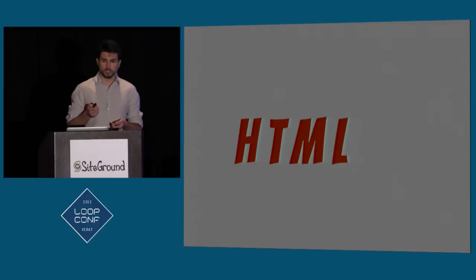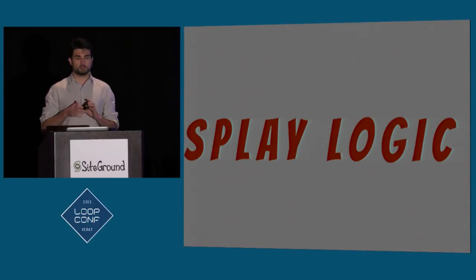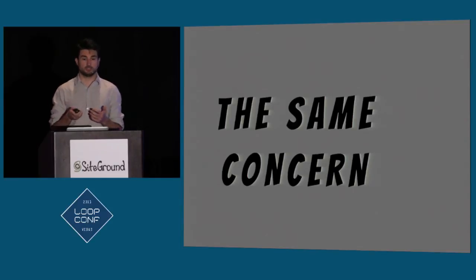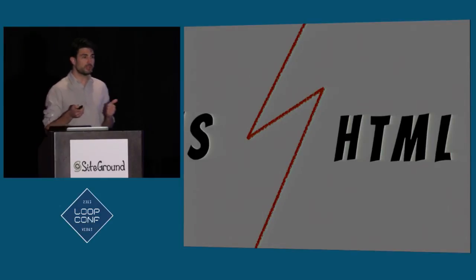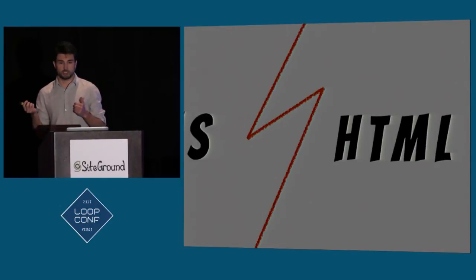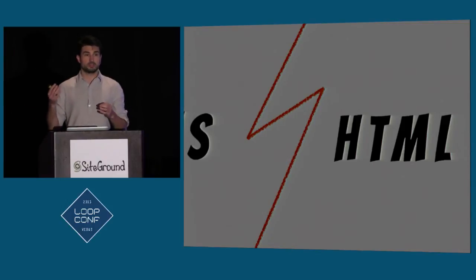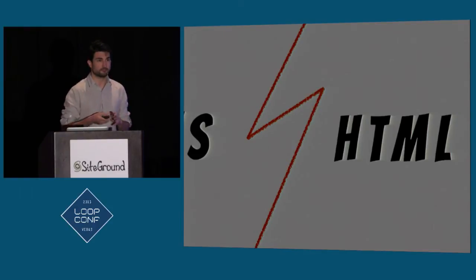So, HTML and display logic, of course I'm not speaking about business logic, are actually the same concern. They're not different concerns. So separating them in the front end, especially, is not separating concerns. It is separating technologies. Because JavaScript is a different technology from HTML doesn't immediately mean that they're different concerns.